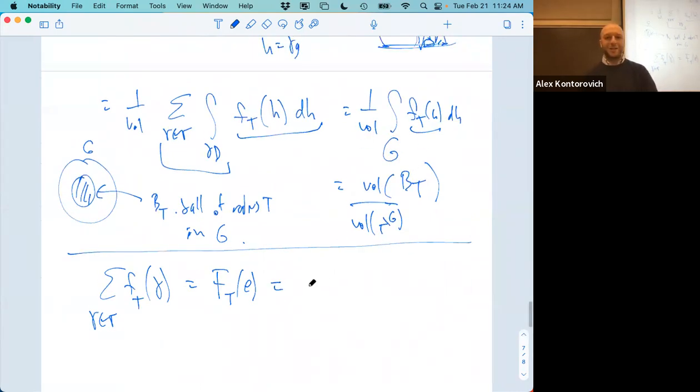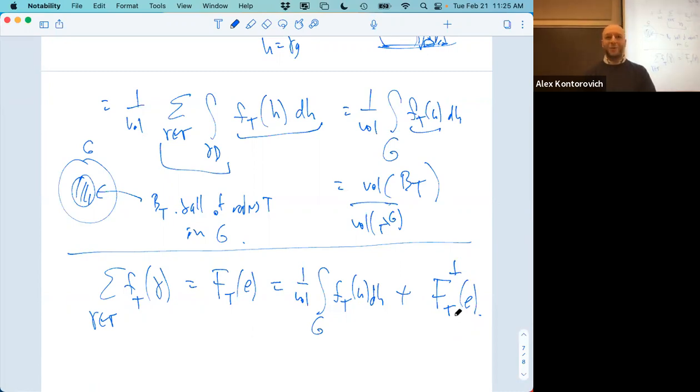Well, there's this normalizing factor 1 over volume, and this integral over f_T of h dh over all of G, plus an orthogonal part that we haven't discussed, that one would have to deal with to get an actual asymptotic.